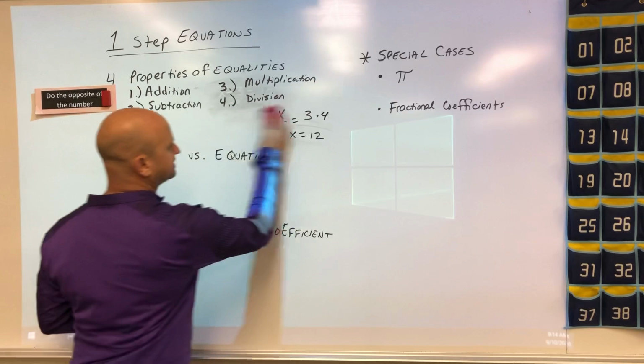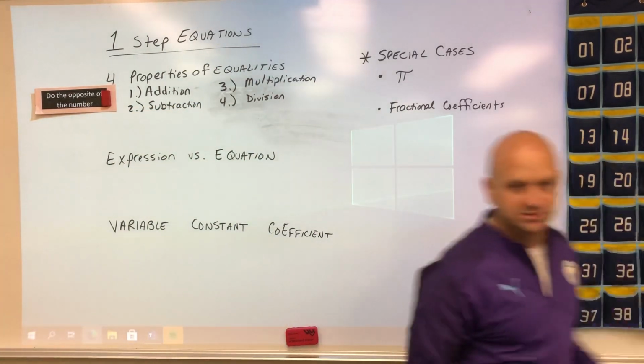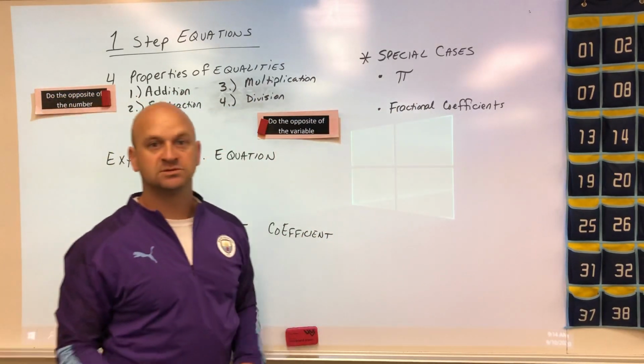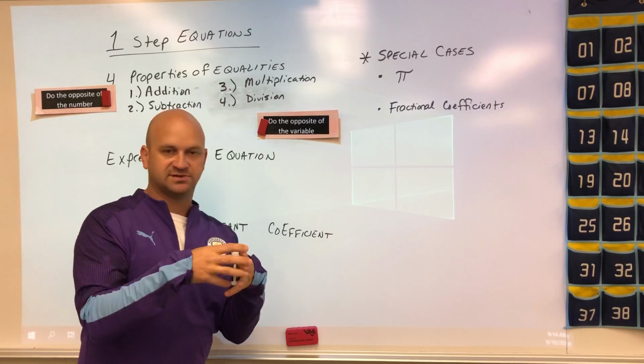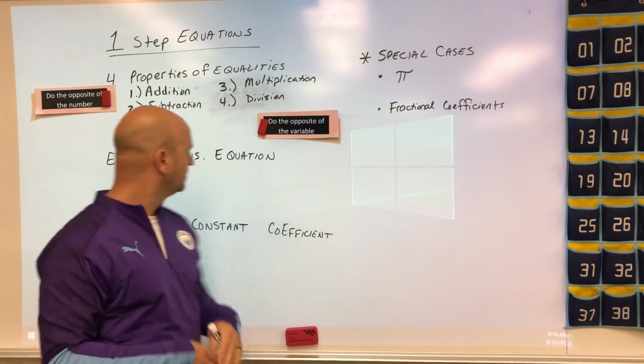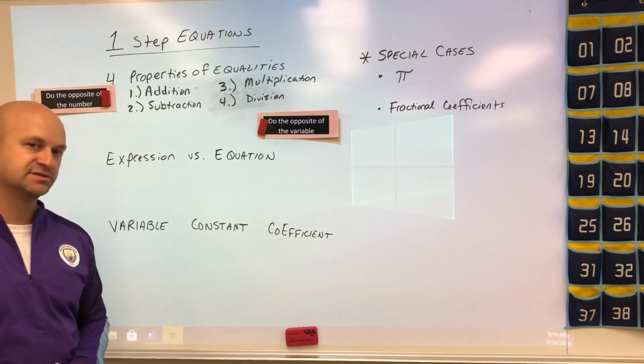All right, so once you understand that, in those two examples that I just gave you here, I call that do opposite of the variable. Okay, so whatever's happening to the variable, we're going to do opposite of whatever's happening to that variable. Okay? All right, so now let's talk about expressions versus equations, because there's a difference.